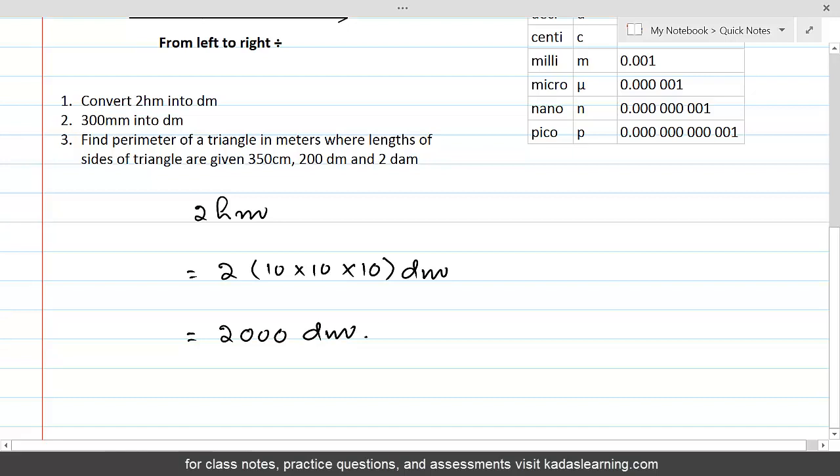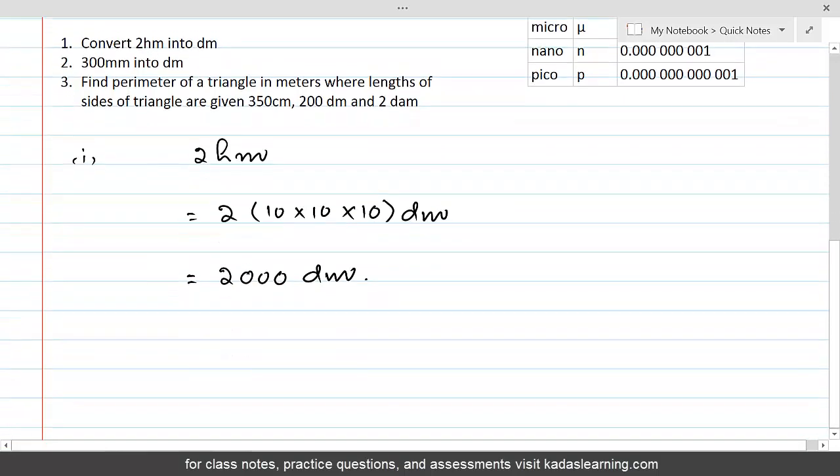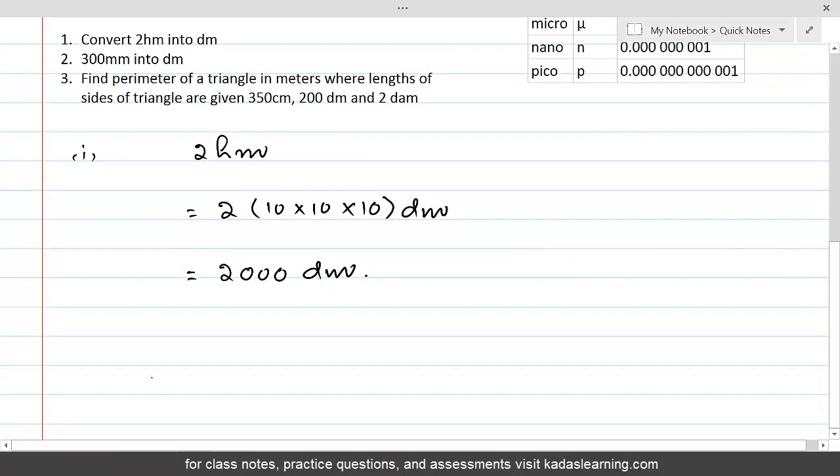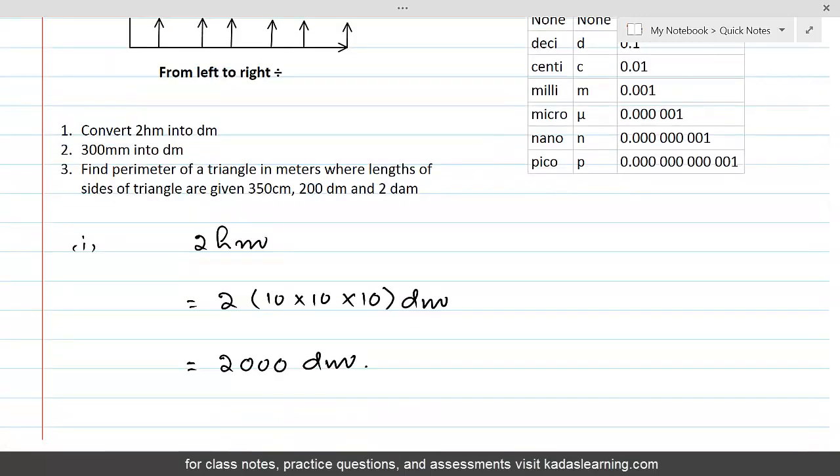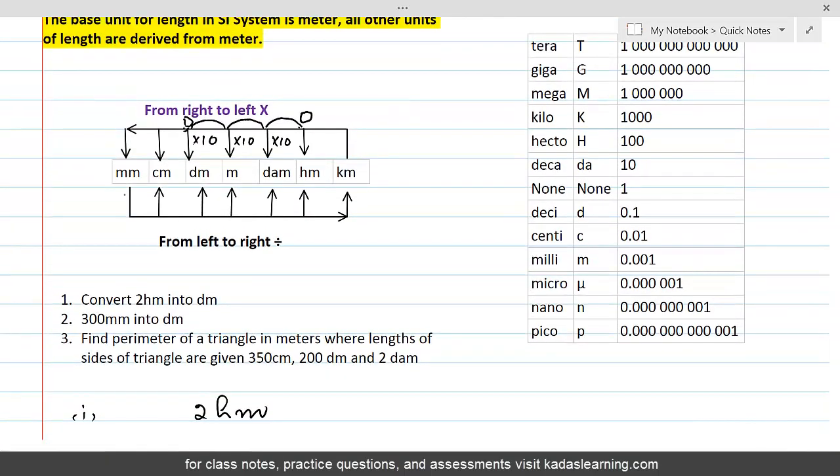This was question number 1. For question number 2, this time we will be converting 300 millimeters into decimeters. This time the origin is millimeter, which is right here, and we want to go to decimeters, which are right here.